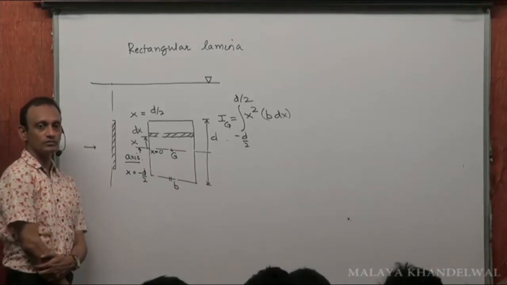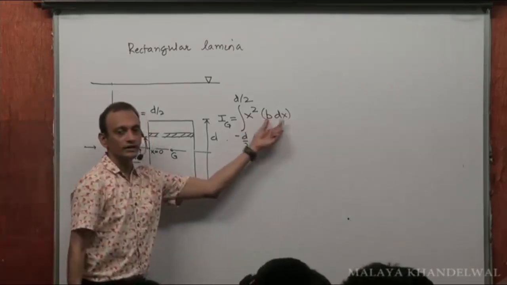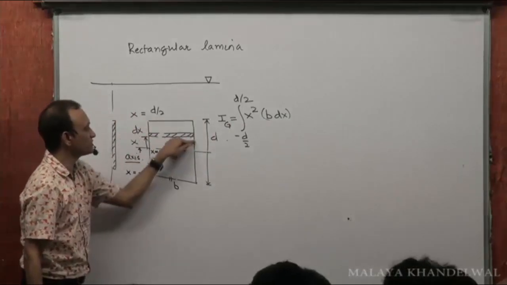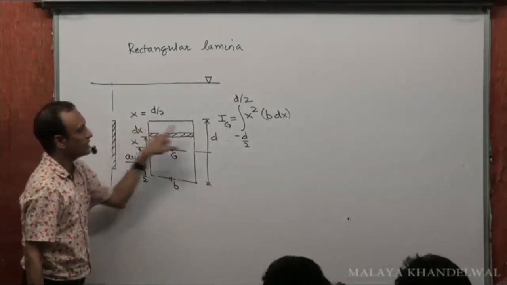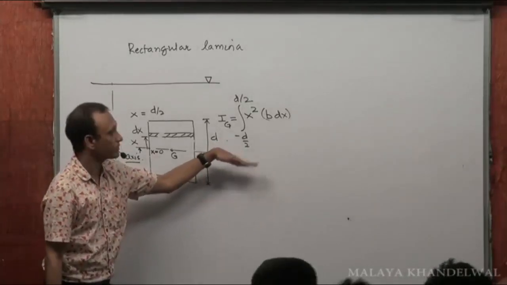Or are you confused? Area element into the square of the distance from the axis. Area element is b dx. This is width b, thickness dx, into the square of the distance from the axis about which we are computing the moment of inertia, right?